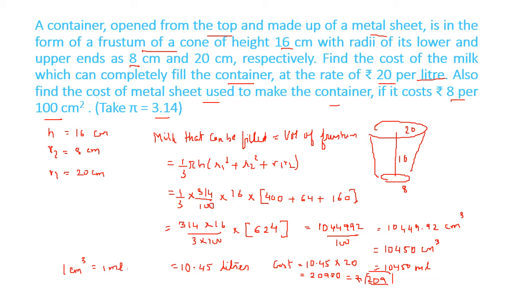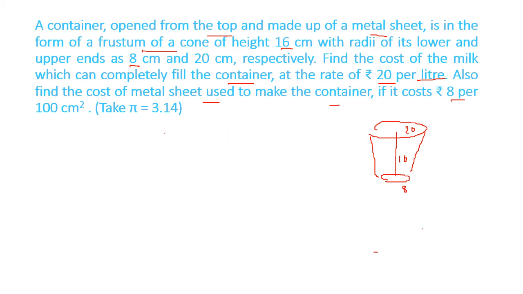Now we have to see how much metal to use to make the container. So let us try to find that metal. The metal used should be CSA of frustum plus metal at the bottom, means area of bottom.